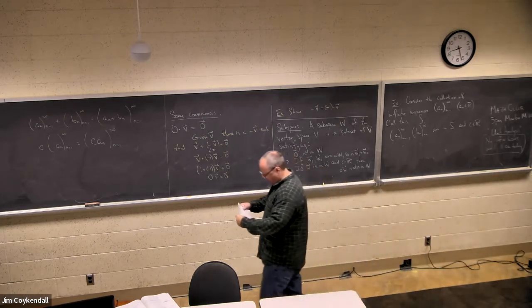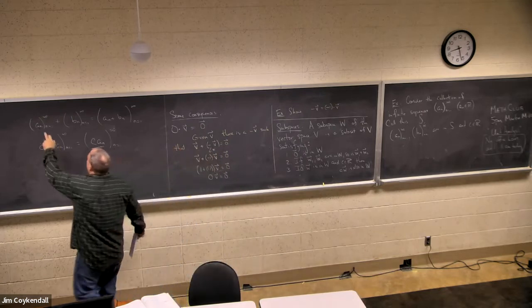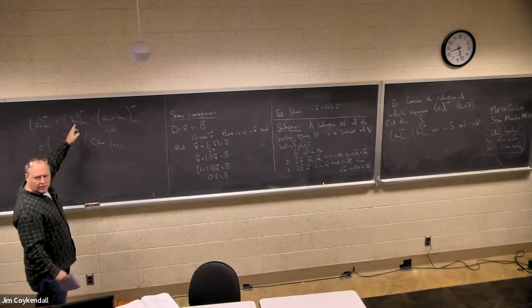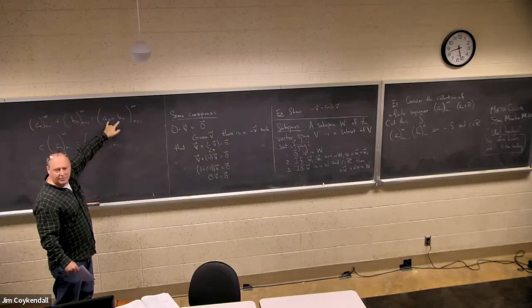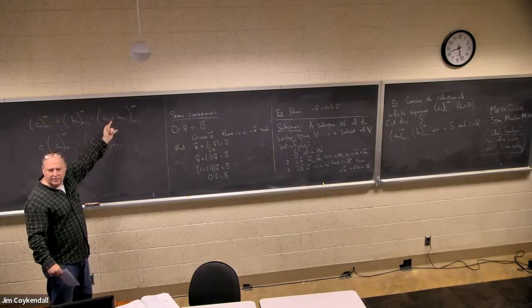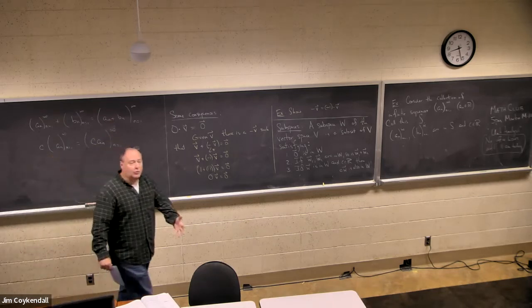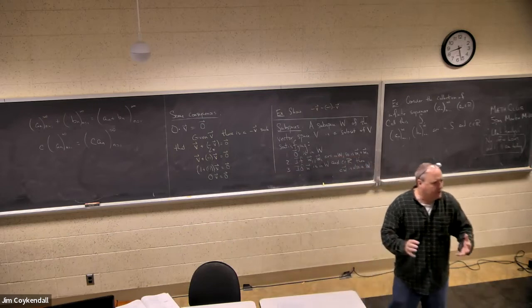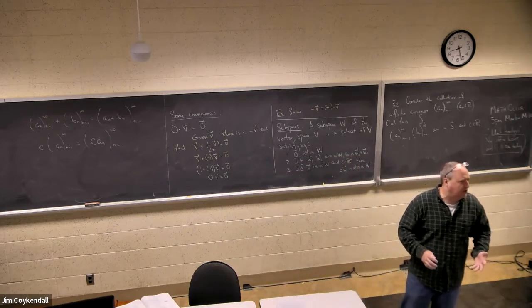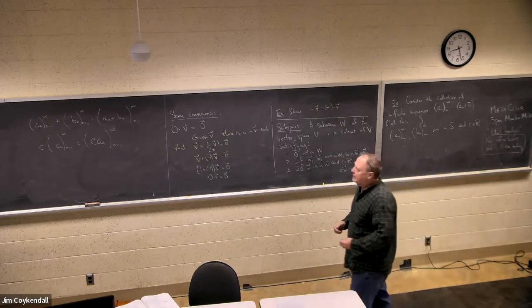I'm going to go through these pretty quickly. Does it matter what order you add these up in? No, it doesn't. Is it associative? Sure it is, because the real numbers in the coordinates are associative under addition, right?